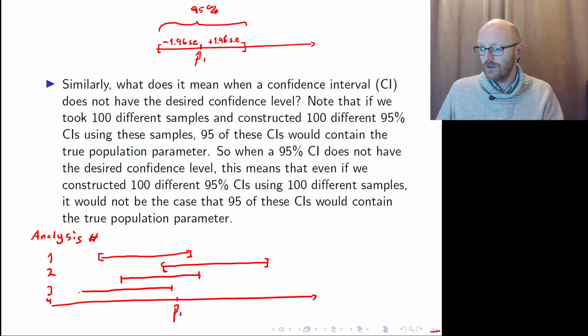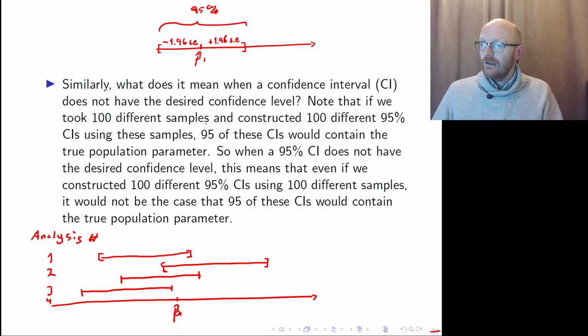maybe the fourth one misses, but 95% of your analyses will have a confidence interval which actually includes the value of the true beta.